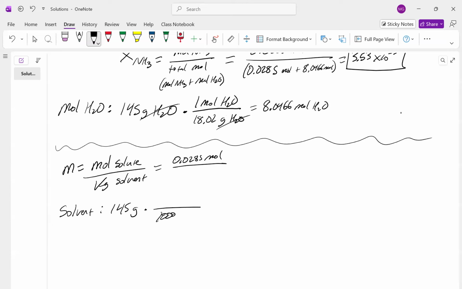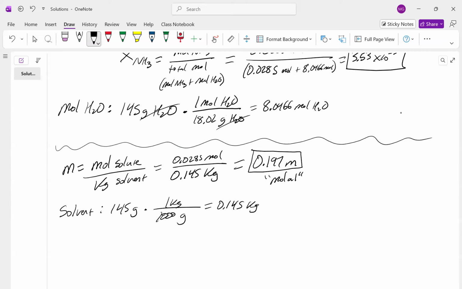And there's 1,000 grams in 1 kilogram. So that's 0.145 kilograms. So we're just plugging it right into our formula, toss it in the calculator, and that comes out to 0.197 molal. So I guess that's how you say it, molal. Kind of sounds funny, but instead of molar, it's molal.